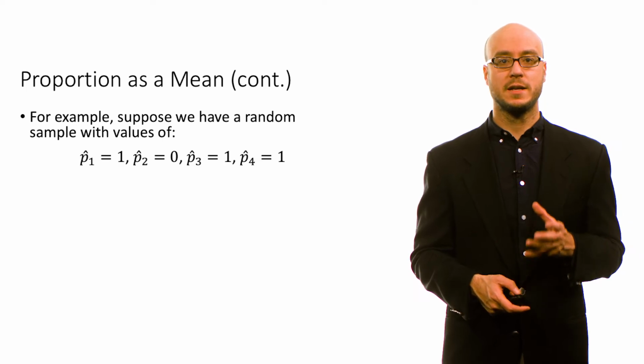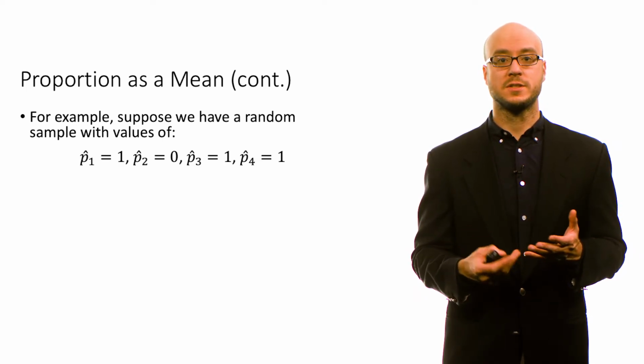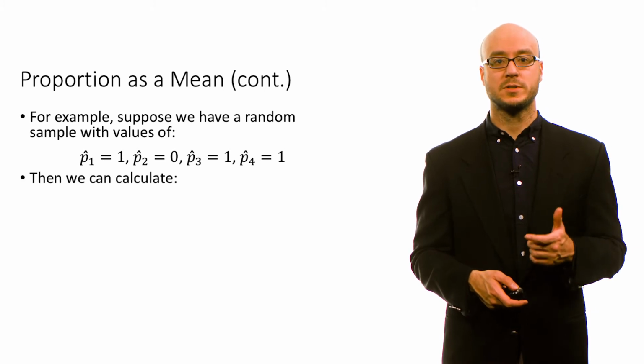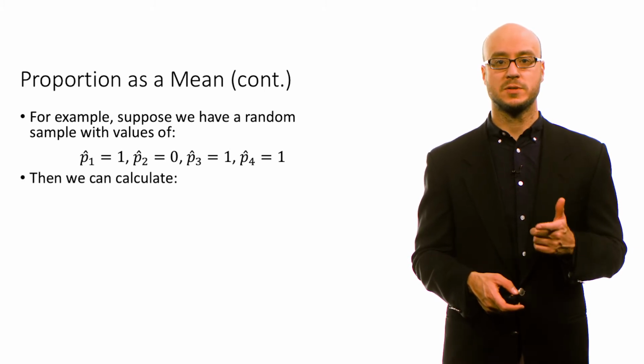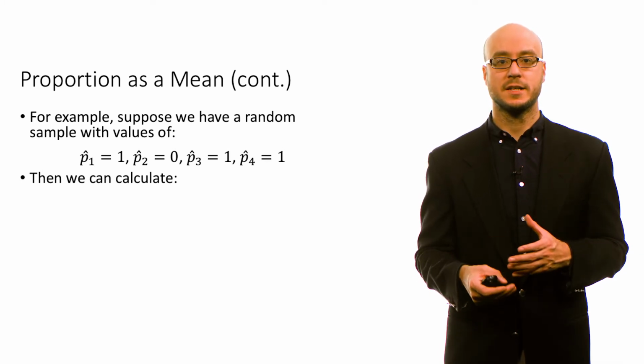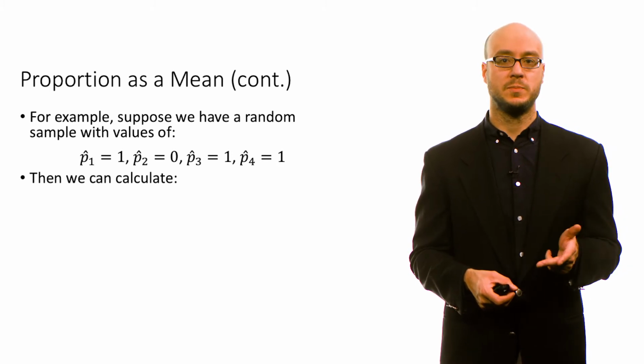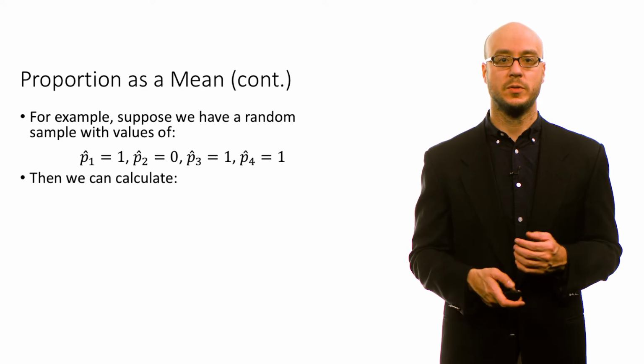So suppose we have a random sample and we have 4 values. One person gets a value of 1, the next person gets a value of 0, the third person gets a value of 1, and the fourth person gets a value of 1. In this context, person 1 might approve, person 2 disapproves, and people 3 and 4 both approve.